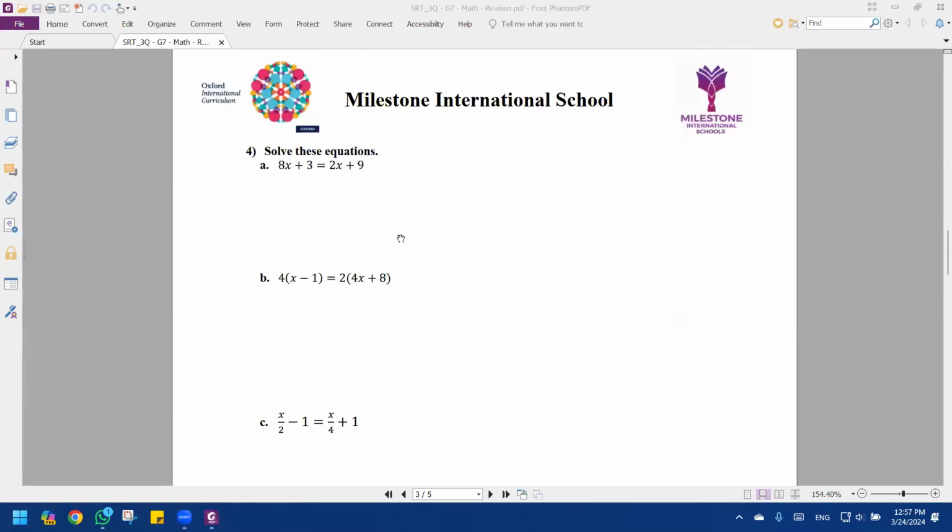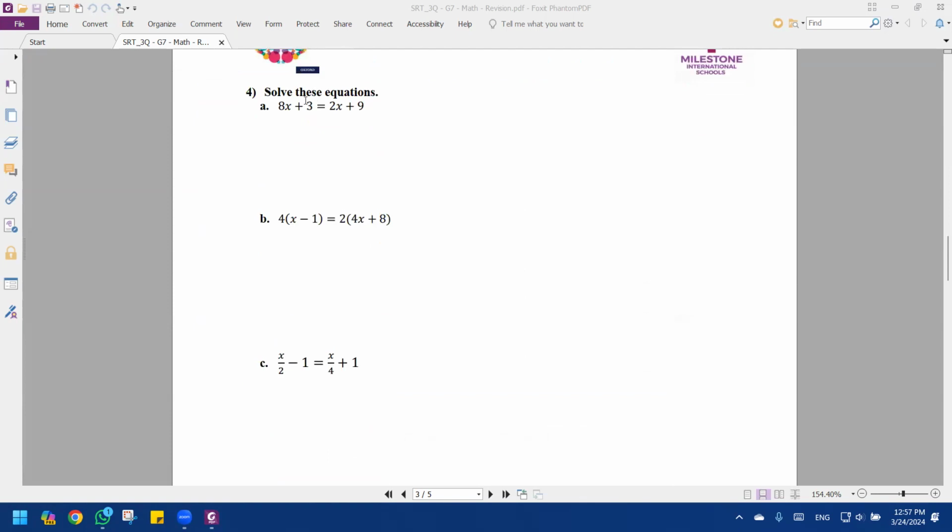Now, next question, it says solve these equations. Solve means find the value of the variable. For example, here we need to find x. First of all, we check that we have x on the left side and on the right side. So the first rule that we always say to solve the equation is put letters on one side, numbers on the other side.